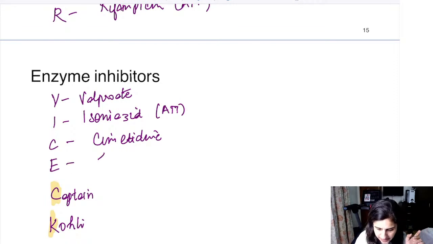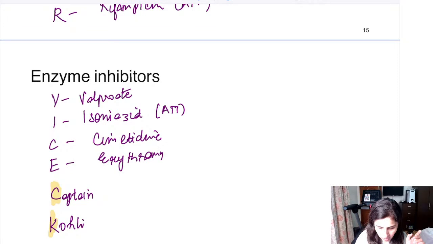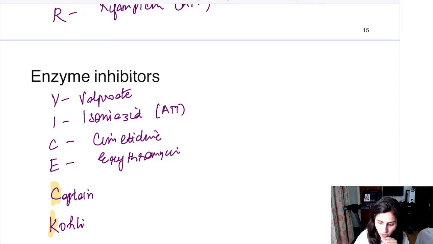ठीक है. E से erythromycin, which is your macrolide antibiotic. ठीक है. Erythromycin is a macrolide antibiotic that you can remember.